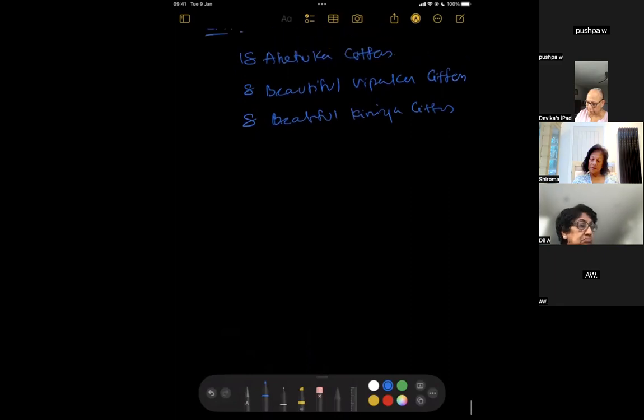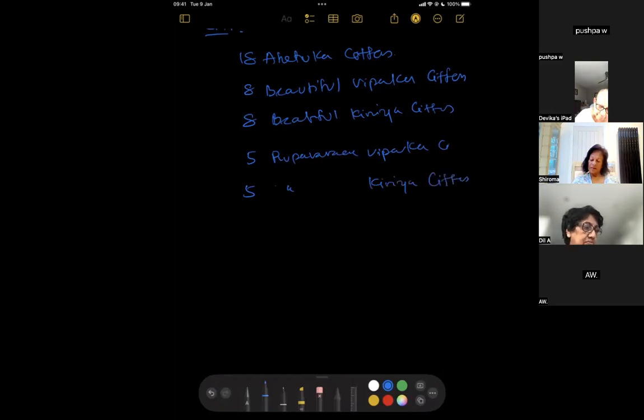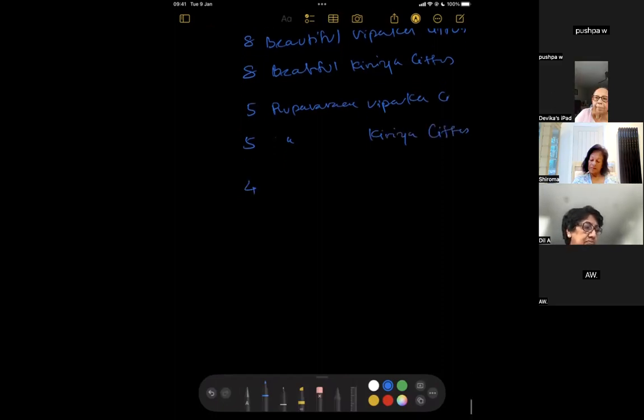Then we have the Rupavachara, the 5 Rupavachara Vipaka Chittas, the 5 Rupavachara Kriya Chittas. We have the 4 Arupavachara Vipaka Chittas.